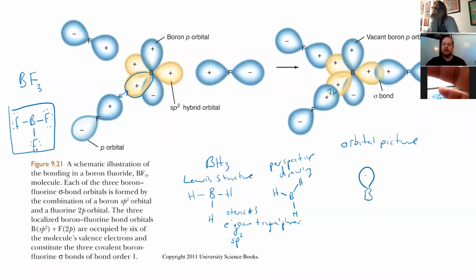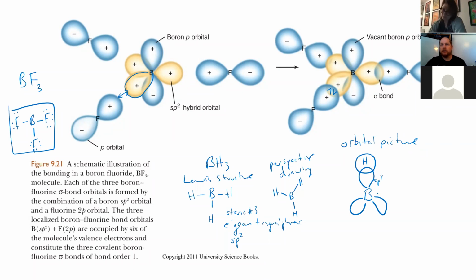The orbital picture would look something like this. You have the boron with 3 of these sp2 hybrid orbitals, and the hydrogens have their 1s. So coming from the boron are sp2 orbitals, you've got 3 of them: sp2, sp2, sp2, and each hydrogen has a 1s.